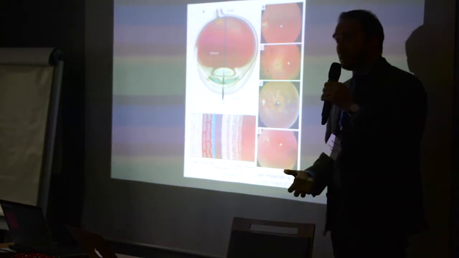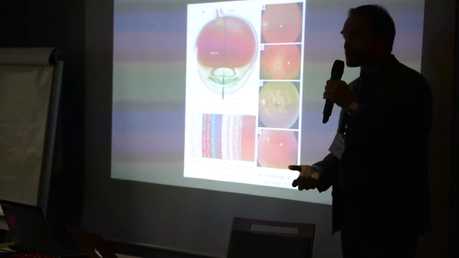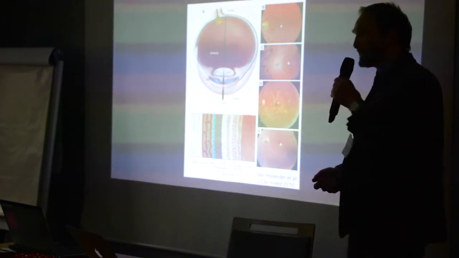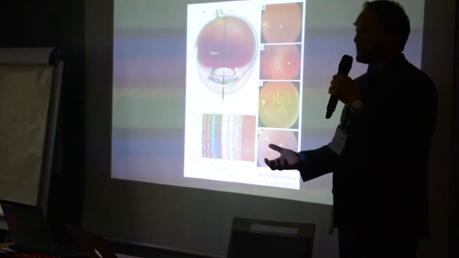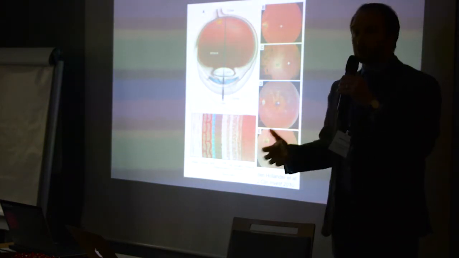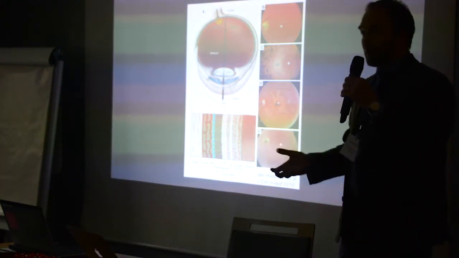Retinitis pigmentosa, and indeed other forms of hereditary retinal disorders, are basically a progressive loss of these light sensing cells. So they continue to die. And not surprisingly, if they're gone, you're blind.